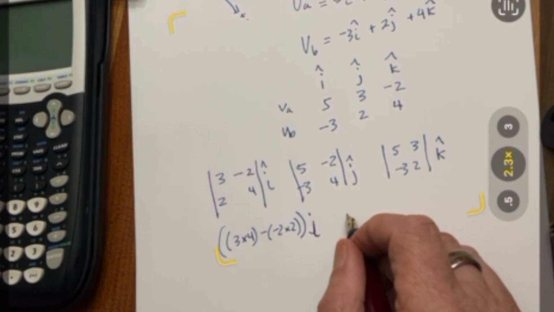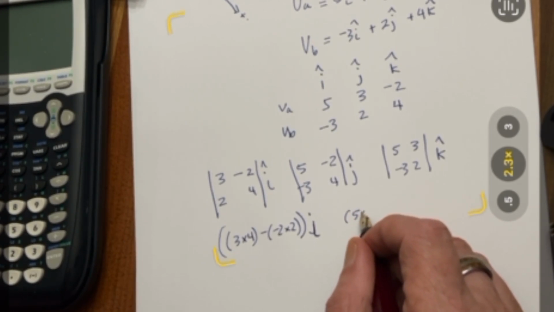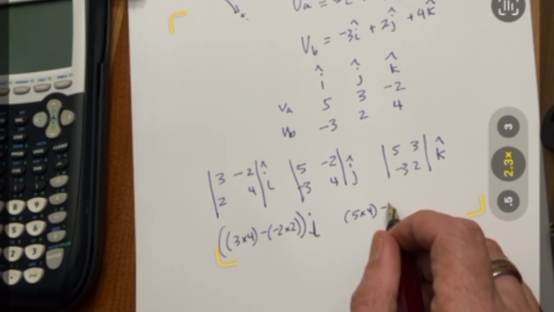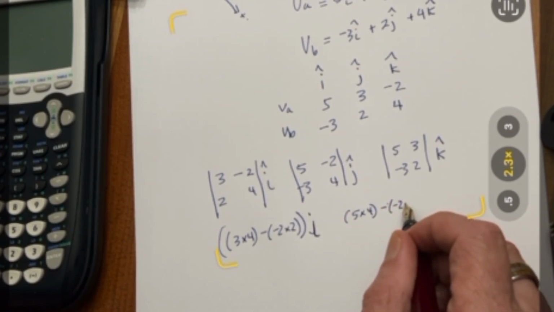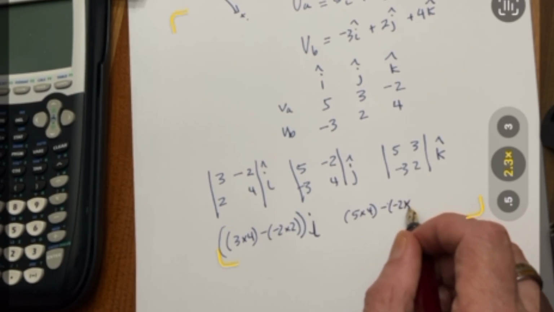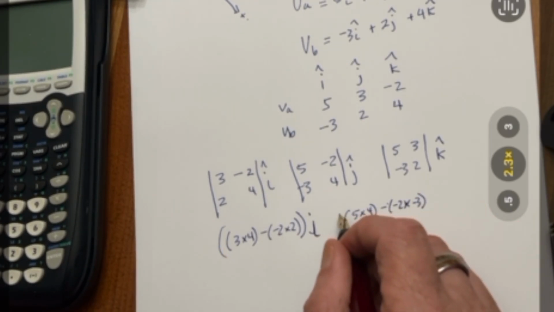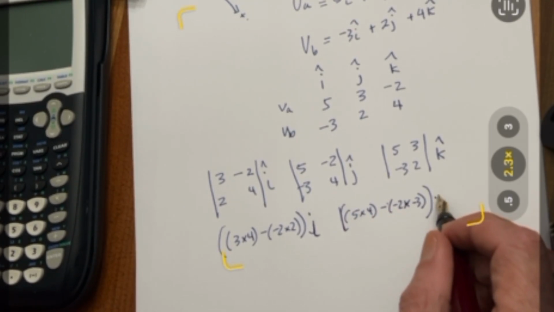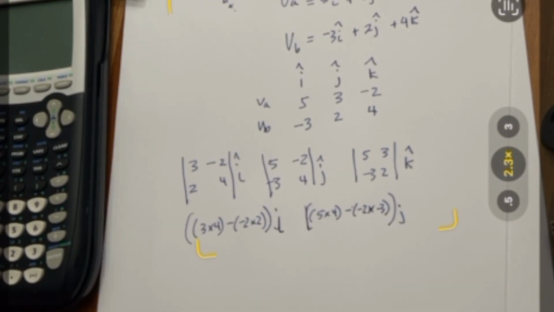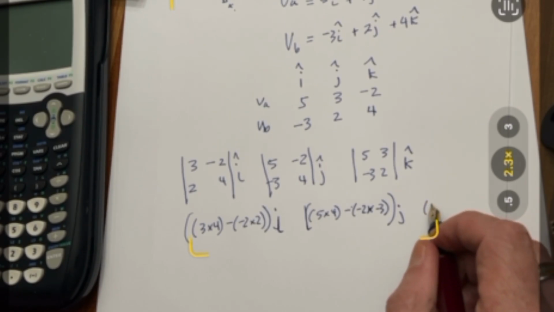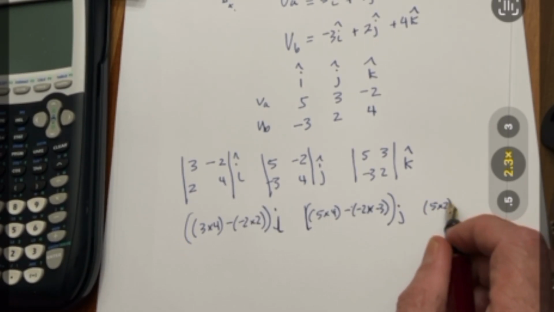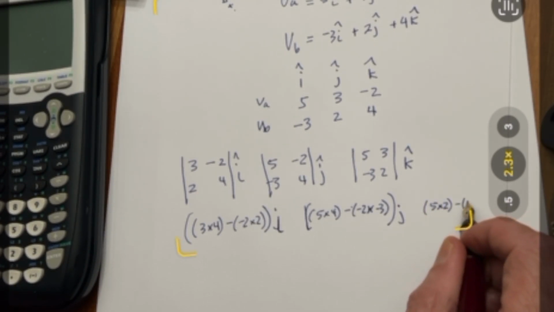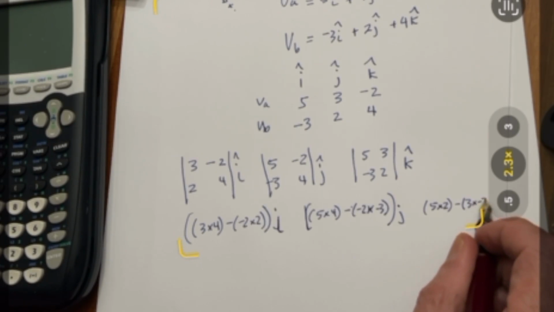And then we're going to take 5 times 4 minus negative 2 times negative 3, and that will give us our j value. And then of course finally we've got 5 times 2 minus 3 times negative 3, and that will give us our k value.